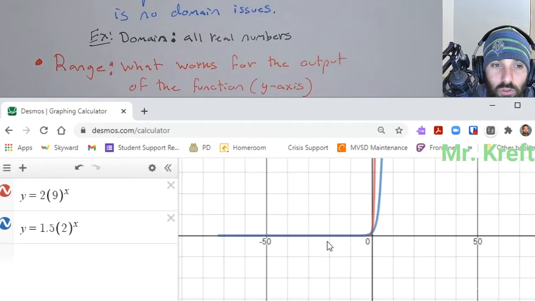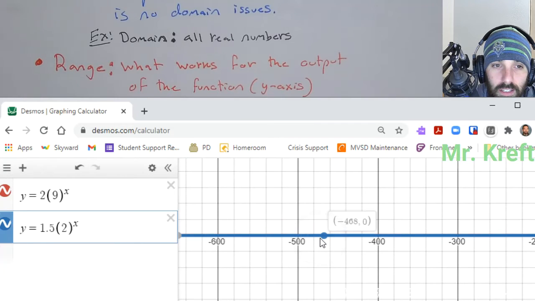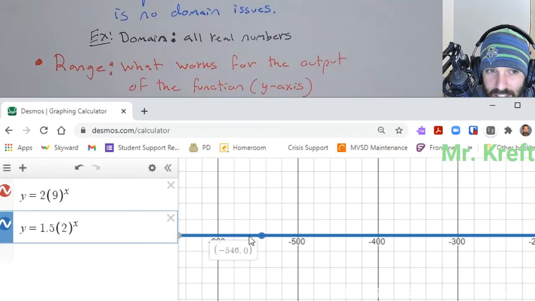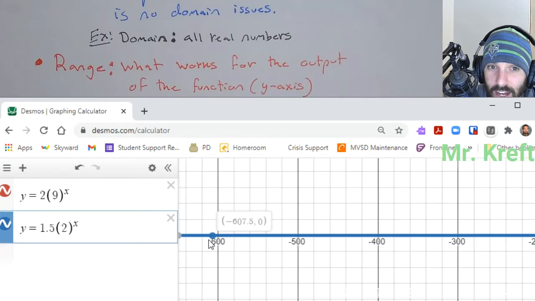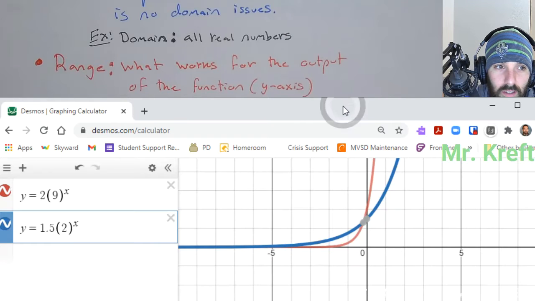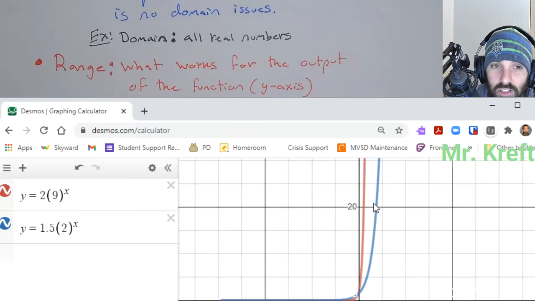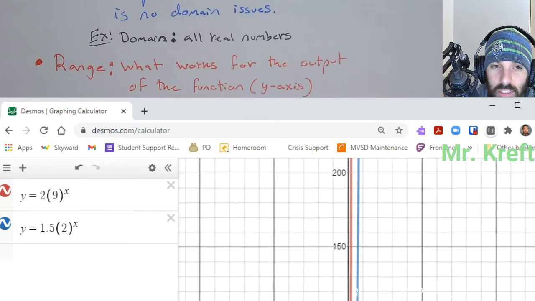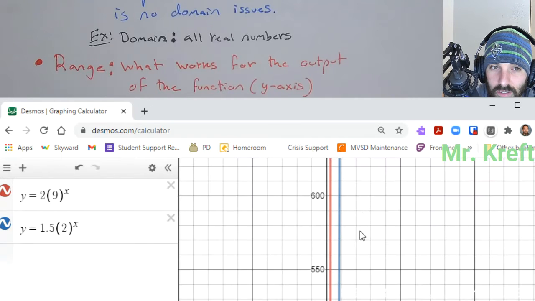But even if I zoom out and go really negative, the output is never negative. My input is negative, but my output is always positive. It's close to 0. I'm going to hit home here. There we go. What we notice is, if we go positive, it looks like the output is all positive.